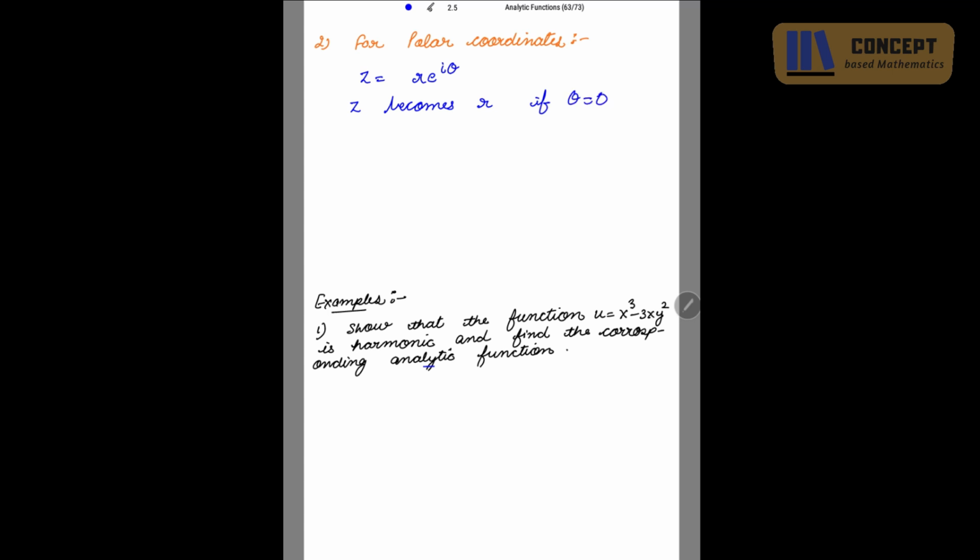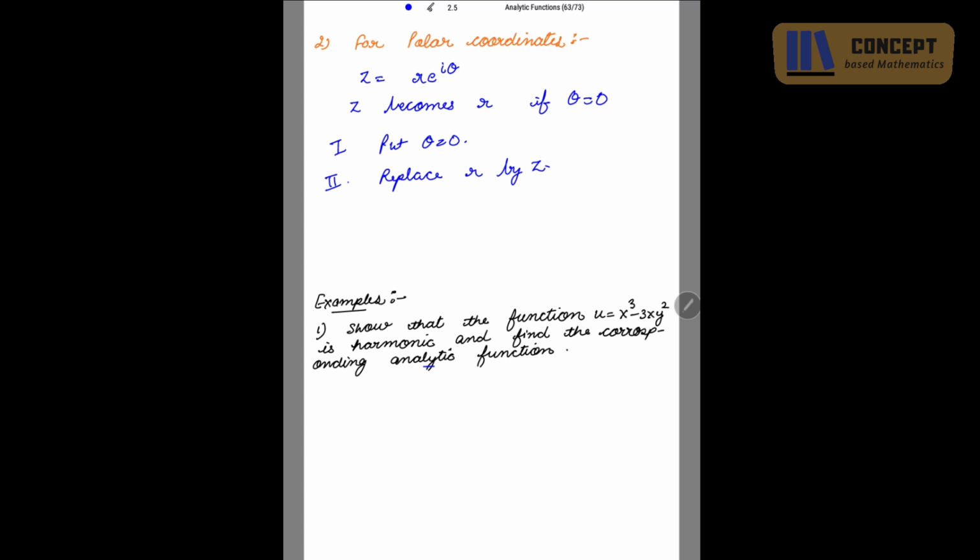So now what are the conditions? Number 1, put theta is equal to 0, and second one is replace this r by z, and then finally you integrate with respect to z.